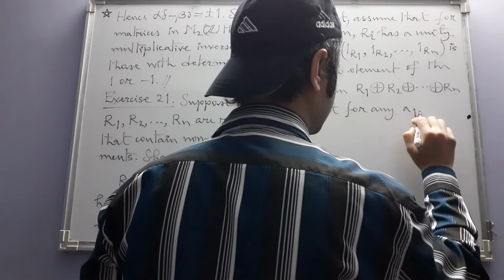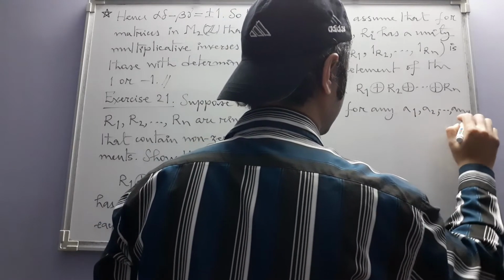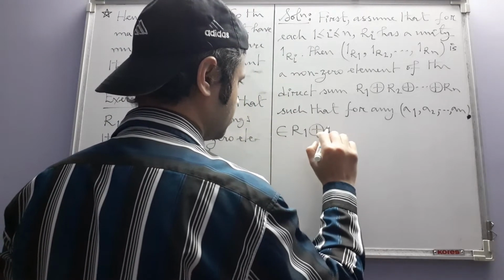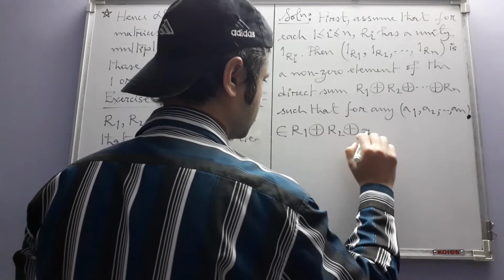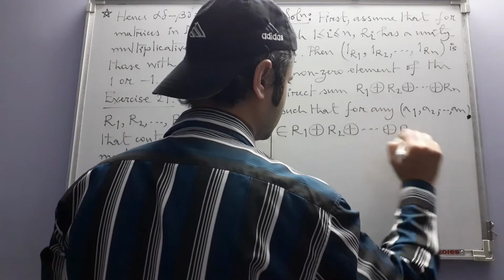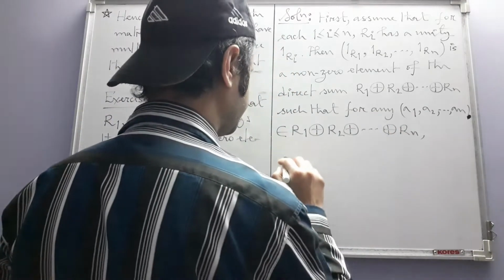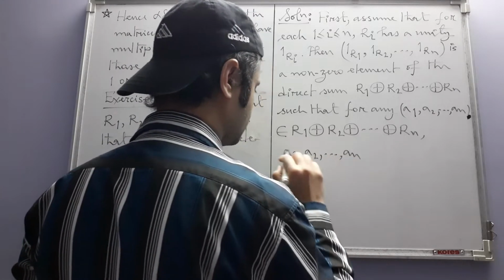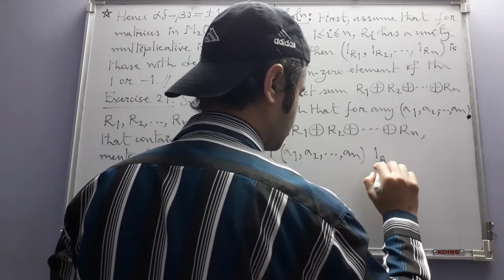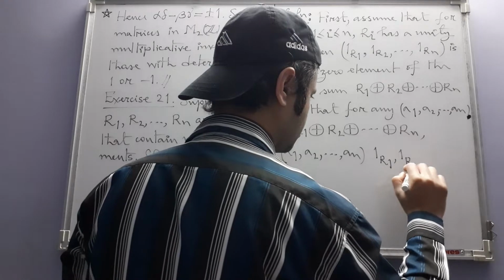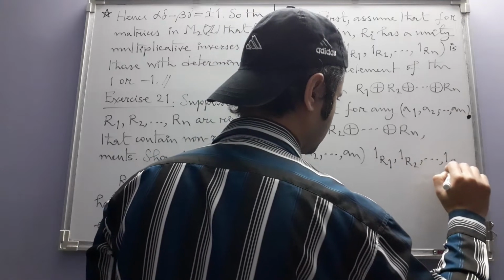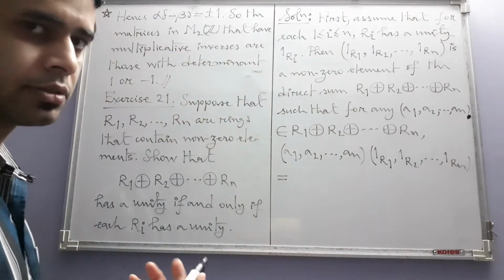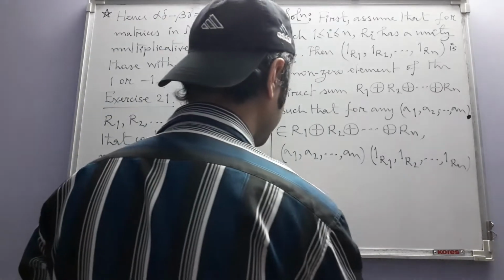for any element a1, a2 up to an belonging to the direct sum, we have these things, by the definition of multiplication, which is component wise in a direct sum.